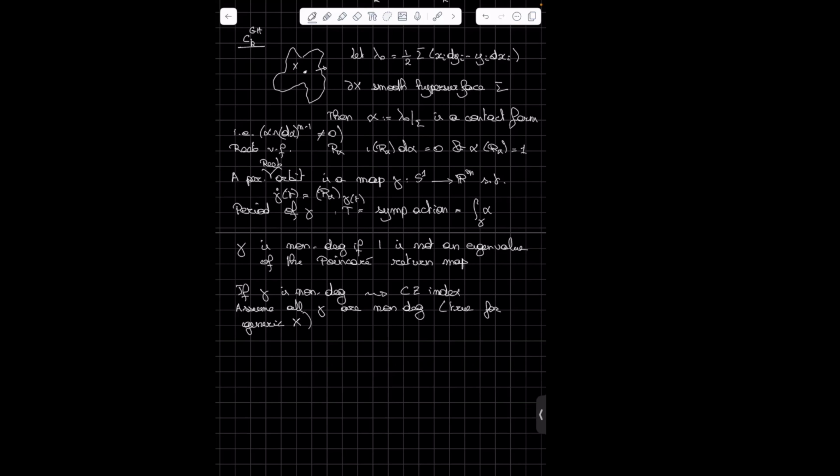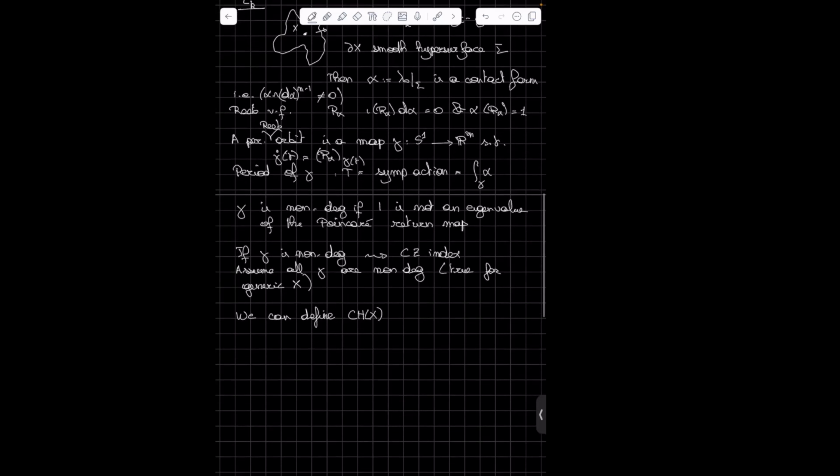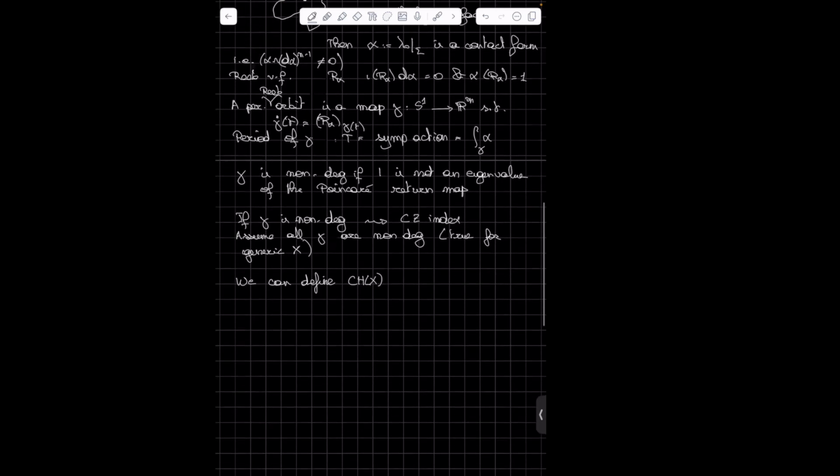Then one can define a homology. We can define the positive S1 equivariant symplectic homology, which I will denote by CH of X. This notation is because Alexandre Vanche and Frédéric Bourgeois proved that in the case where contact homology is well defined, this positive S1 equivariant symplectic homology is isomorphic to contact homology.